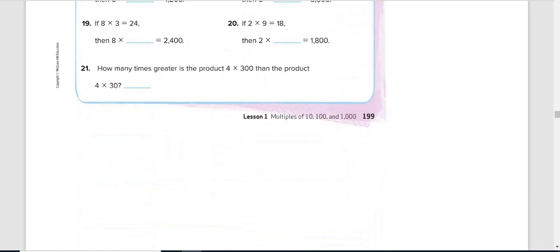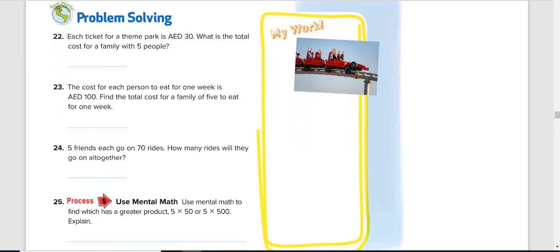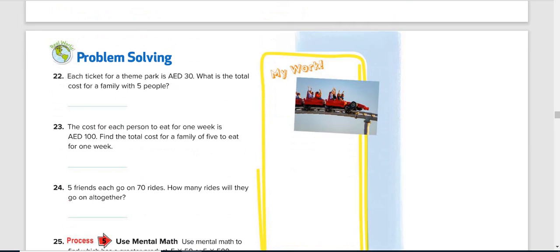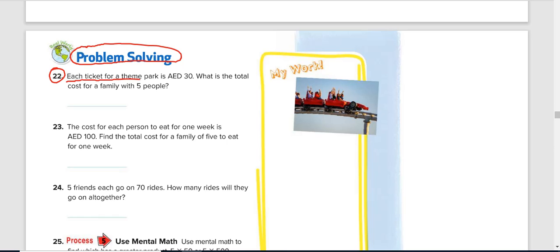Alright, so lastly, let's just look at 2 questions from problem solving. So problem solving, question 22. Read and understand the question, that's all. Each ticket for a theme park is 30. So each ticket costs 30. What is the total cost for a family with 5 people?